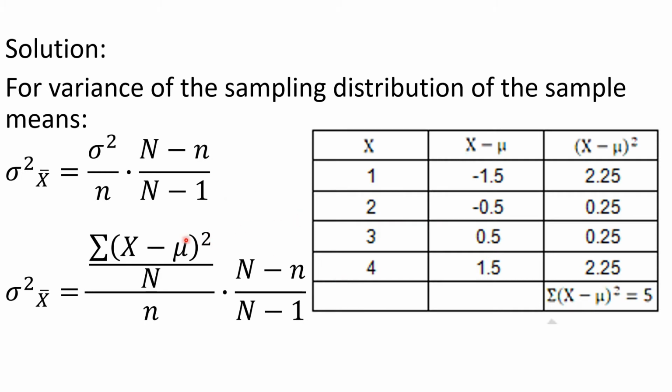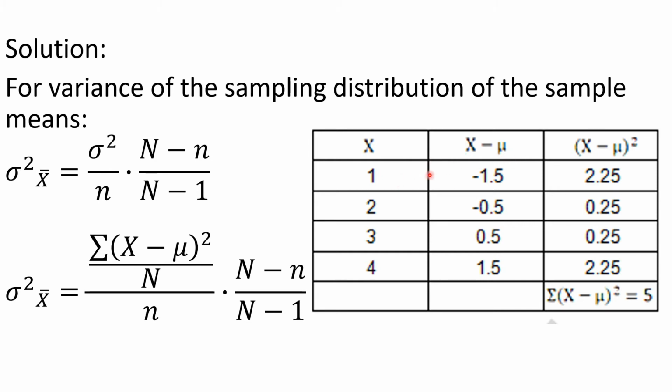For us to solve for this part, x minus mu squared, let us first list down in a table the values of x. That's for the first column. We know from the previous slide that the values of x are 1, 2, 3, and 4. And then for each, we will solve for the value of x minus mu. The mu in the previous slide is 2.5.